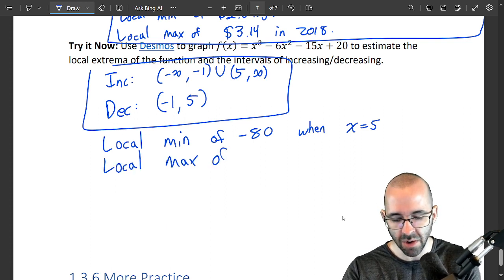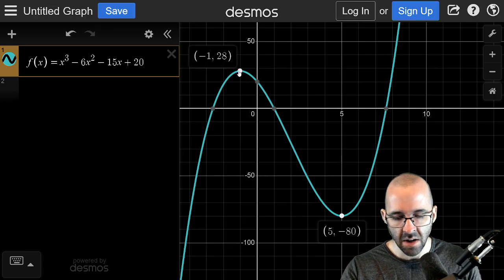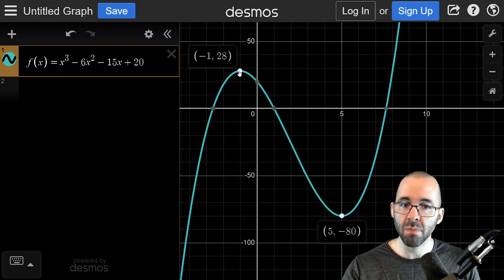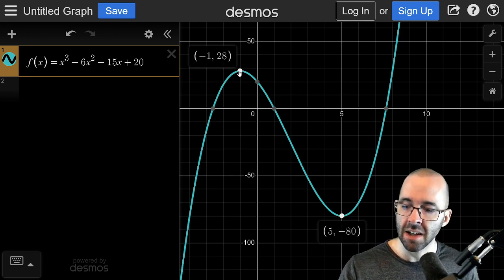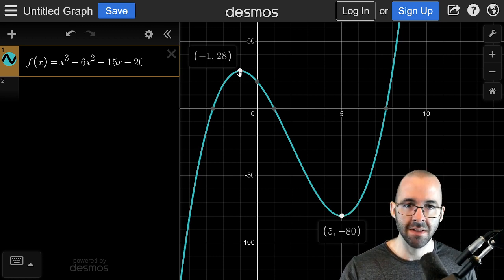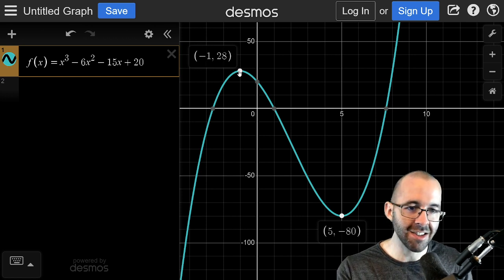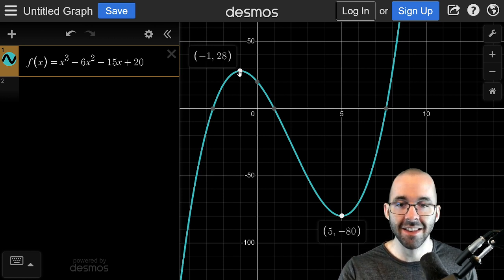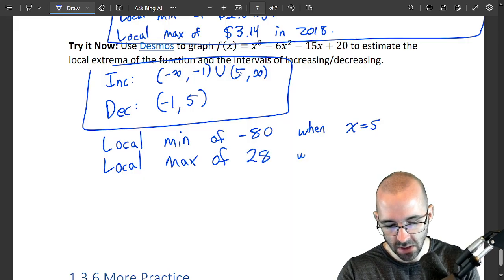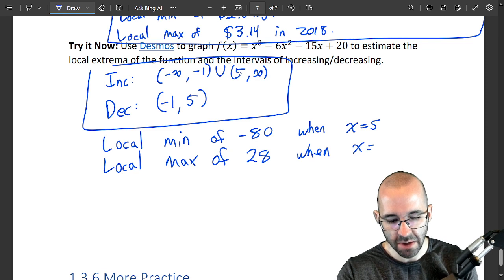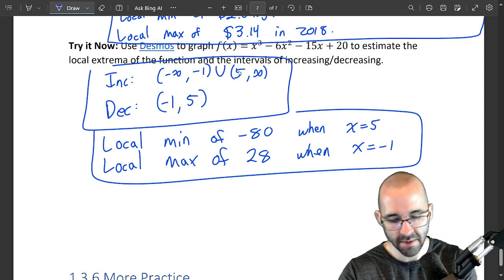What's the max value? Well, the max value, again, just locally, just around these parts. It's not Mount Everest, but it is Mount Rainier or something. Not the tallest, but certainly the tallest around here is 28. When x is -1.